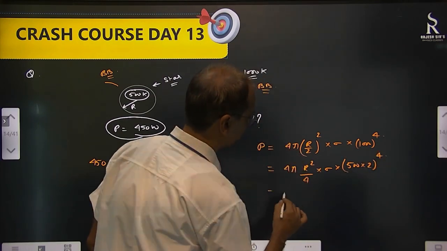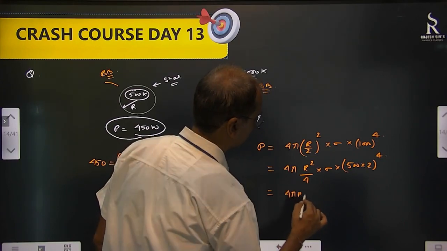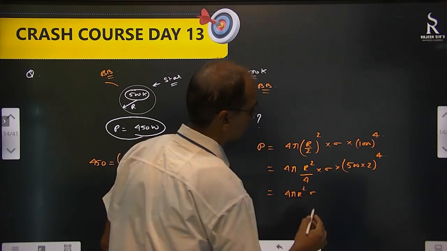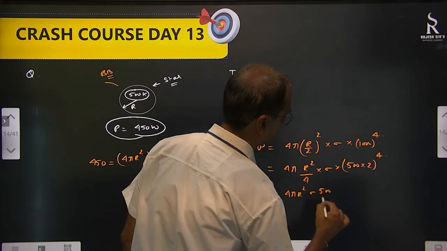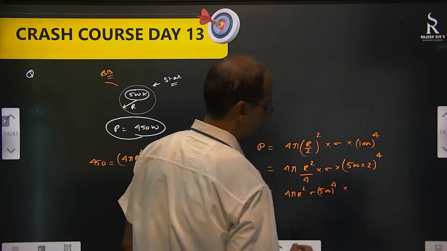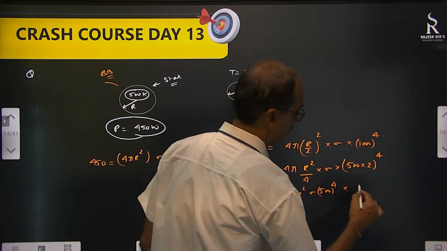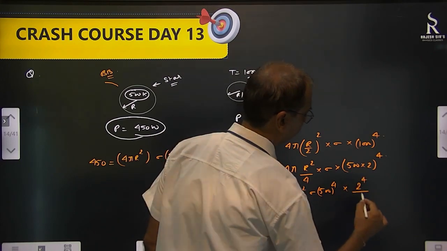So we have 4 pi R square into sigma into 500 to the power 4 into 2 to the power 4 by 4.